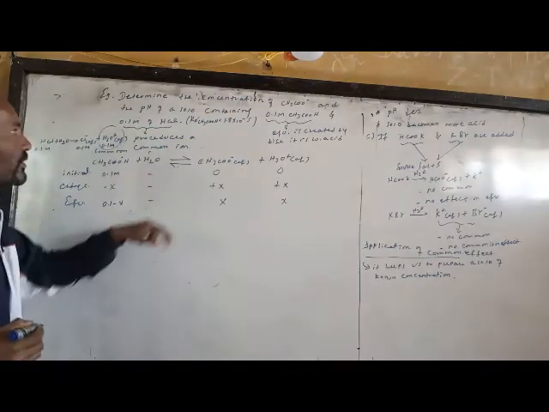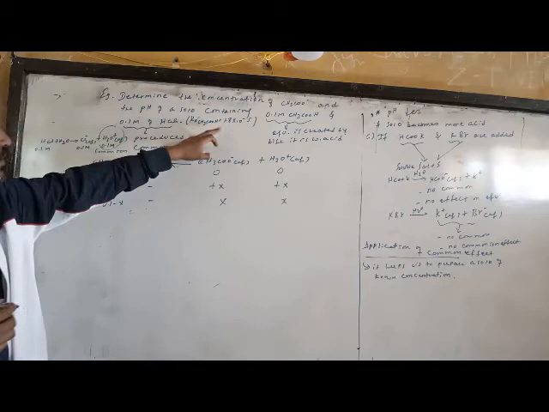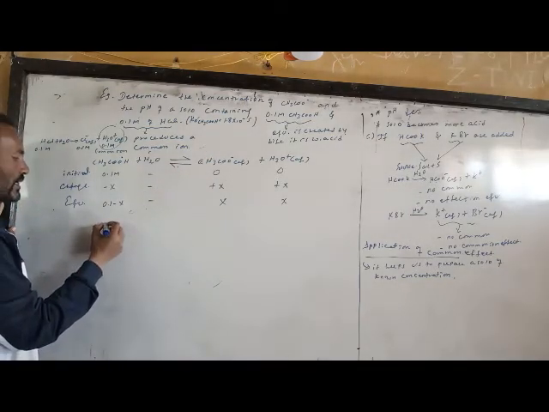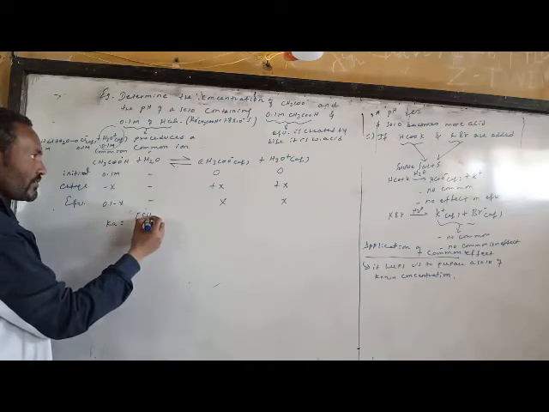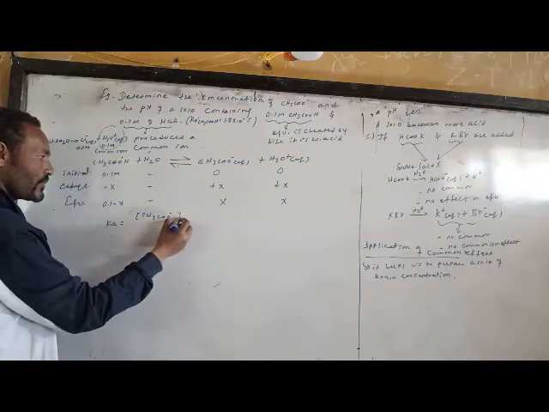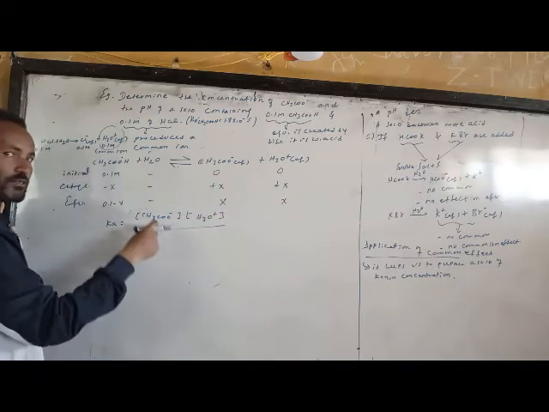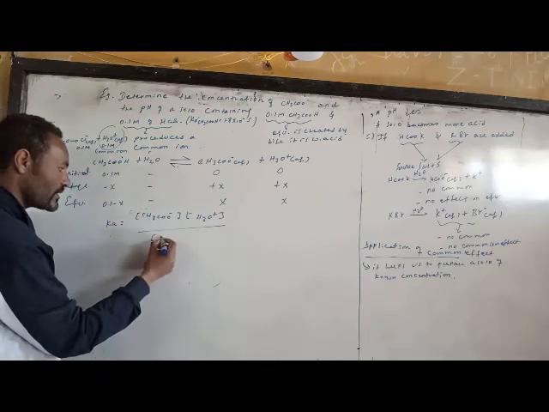So the Ka of this reaction can be written as the concentration of acetate ion times the concentration of hydronium ion divided by, that means the concentration of product over the concentration of reactant, that is it.